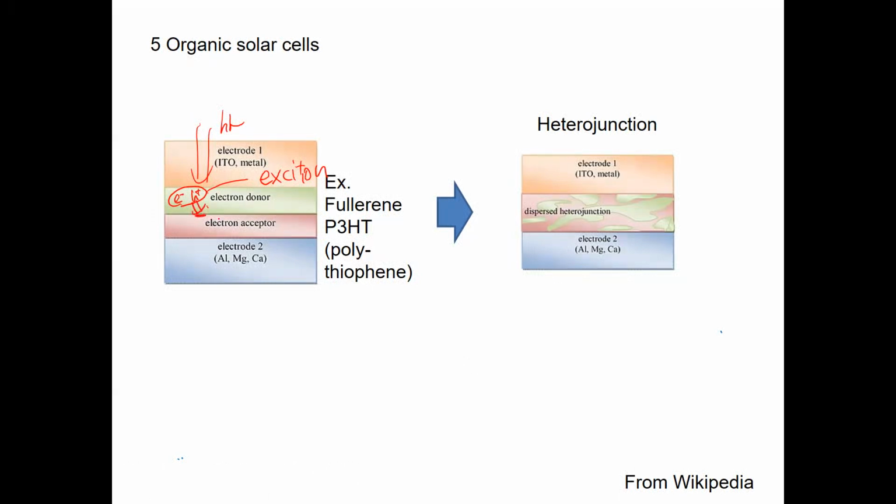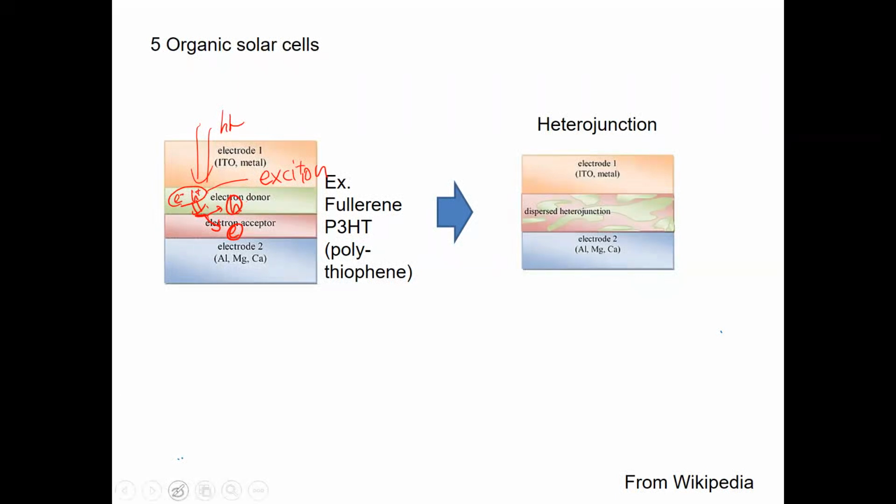And at the interface, the electron and hole are separated. And this could also give one of the highest efficiencies of solar cells.